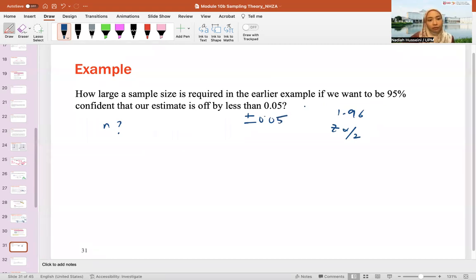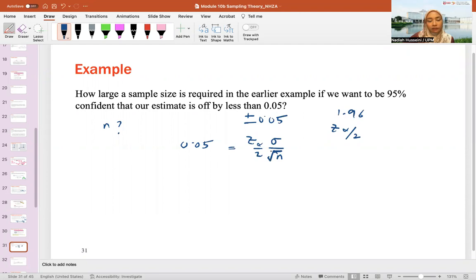So instead of my interval being plus minus 1, I want my interval to be plus minus 0.05 from the sample mean. So this would be equal to z alpha over 2 times the standard deviation of the population divided by square root of n. So this is 0.05.